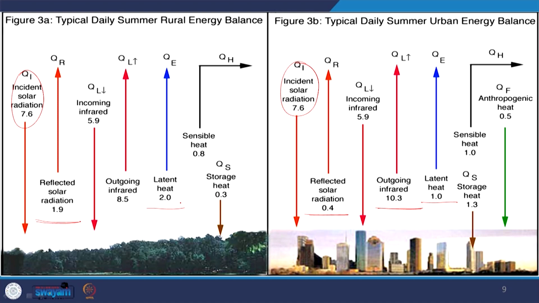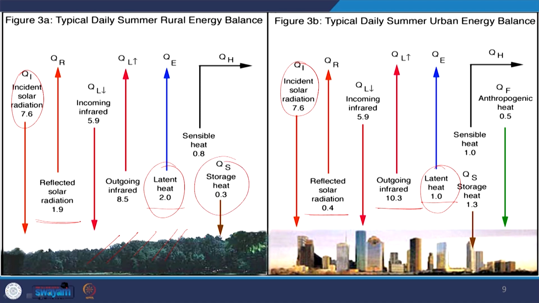Then we are also looking at the latent heat. Because there is more moisture because of the vegetation, because of the greenery, we know that the moisture present will be able to take up more heat from the atmosphere, while in case of urban areas this latent heat decreases. Another worry is the storage heat.